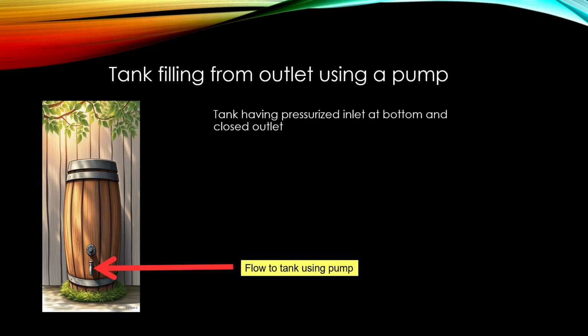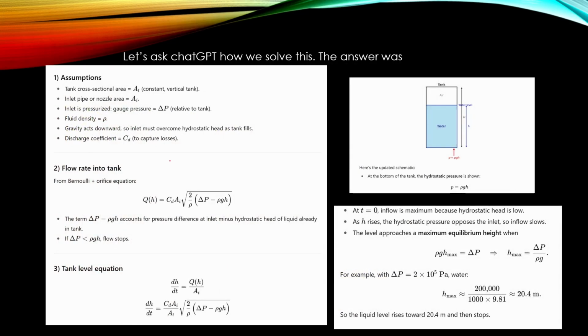There is one very interesting case to be calculated. If you want to fill this tank from the bottom, then you will have almost a similar kind of mathematical problem. But now you are working with pressure difference.